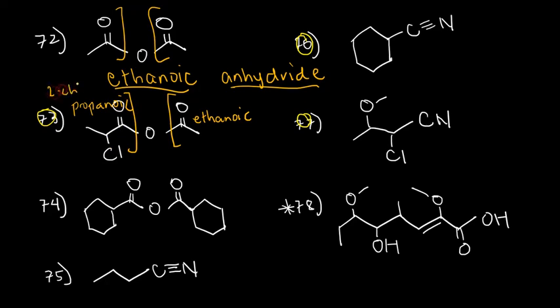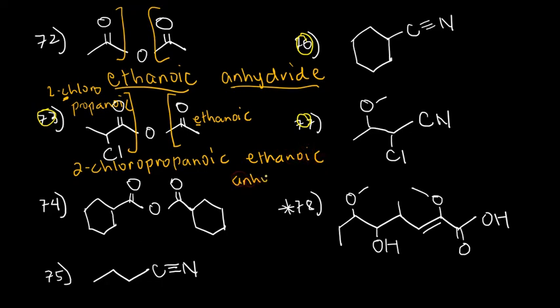Okay, so 2-chloropropanoic, and you have to write them separately and in alphabetical order. So this is E, this is C. Notice that I don't use anymore just the parent prefix. I use the substituent that came first. So you write first the 2-chloropropanoic ethanoic anhydride. Okay.